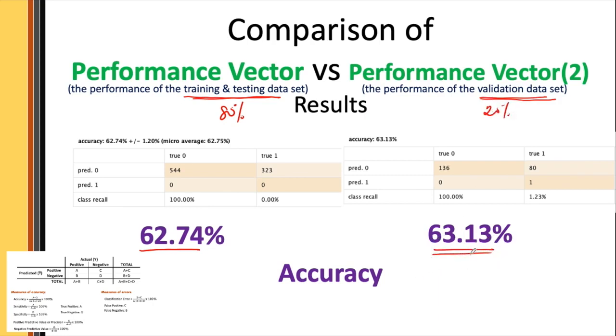So this shows a good result because the performance of the validation dataset is better than the performance of the training and testing dataset. Remember that the higher the value of the accuracy, the better the result is.